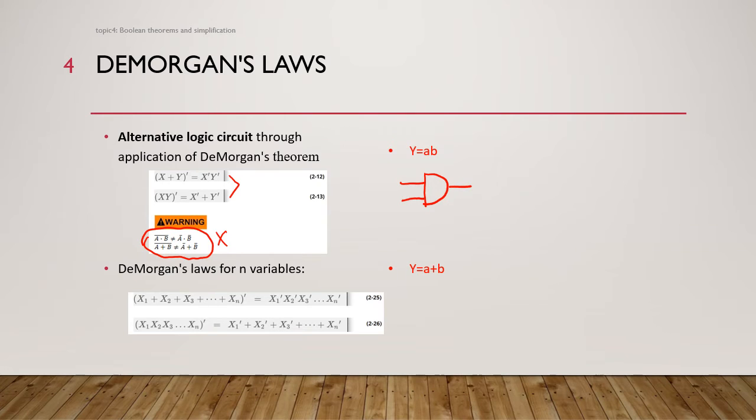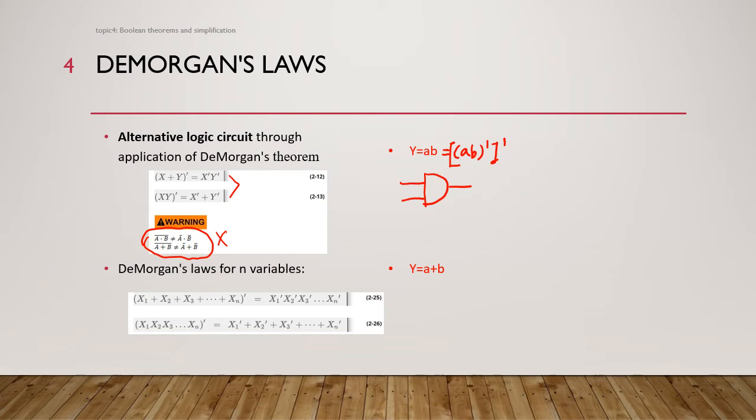But if we apply the De Morgan theorem and make some change to it, what we can get is, let's first rewrite a and b into the format like (a and b)''.